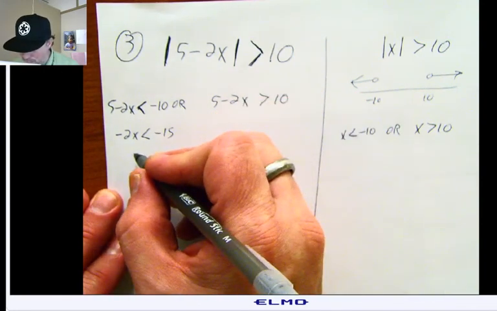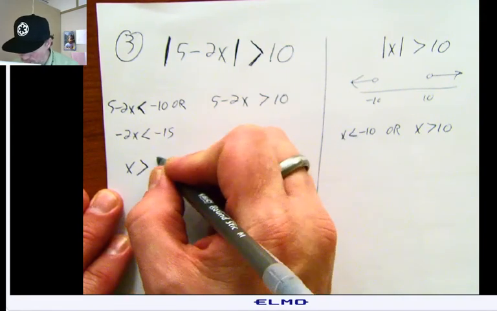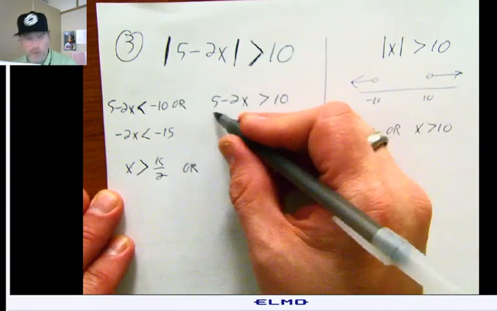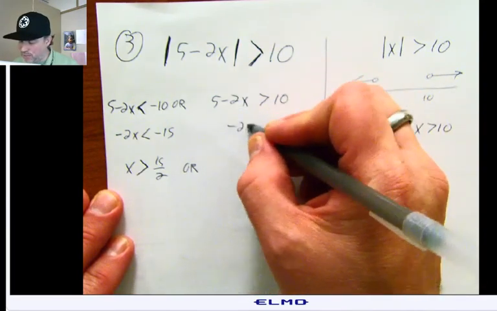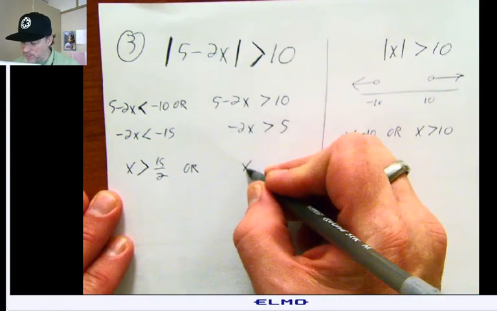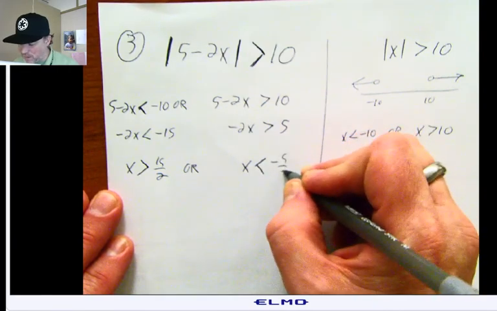Divide everything by negative 2, and x ends up being greater than 15 over 2. Or, subtract 5 from both sides, so negative 2x is greater than 5. Divide both sides by negative 2, and x ends up being less than negative 5 halves.